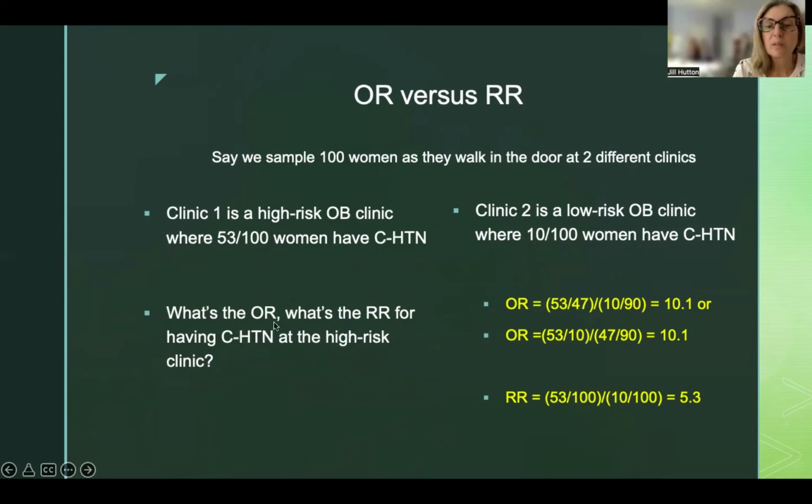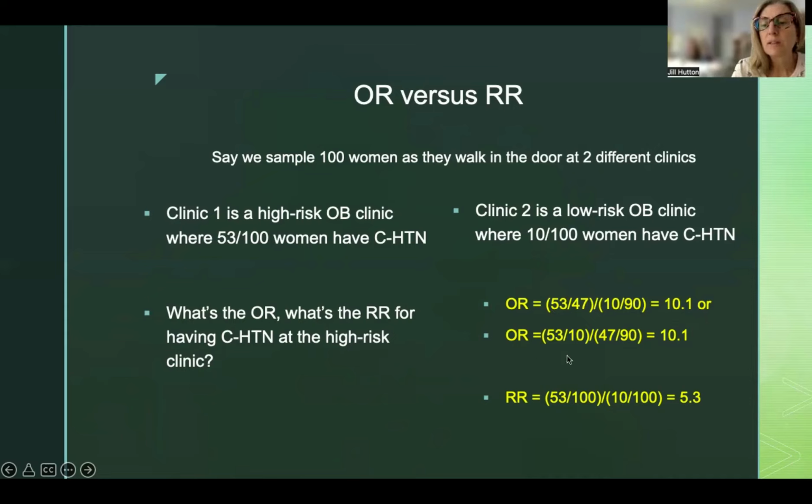So what's the odds ratio and what's the risk ratio for having chronic hypertension at the high-risk clinic versus the low-risk clinic? The odds ratio: 53 women in the high-risk clinic have chronic hypertension, over 47 do not. And you divide this by the low-risk clinic where 10 women have chronic hypertension and 90 do not. This gives us an odds ratio of 10.1.